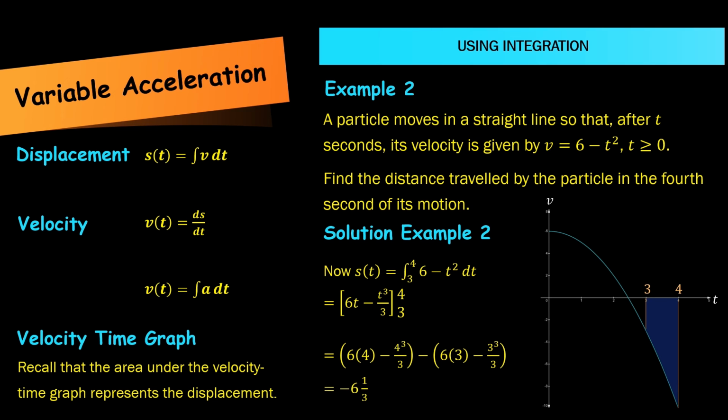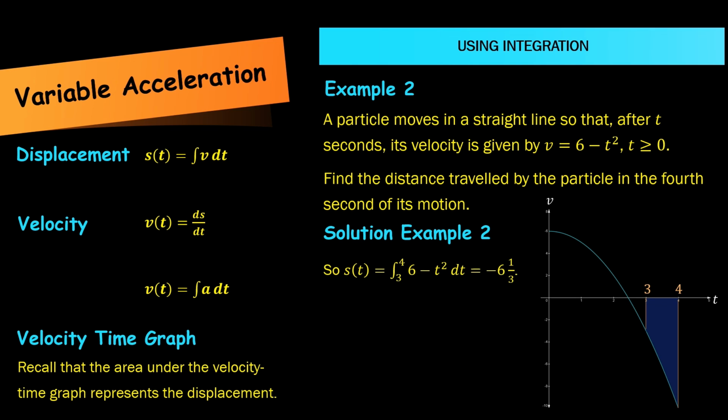This minus is actually consistent with the diagram we have on our screen, because this is the value below the x-axis, or this area is below the x-axis. So velocity is negative, and therefore the displacement is negative.